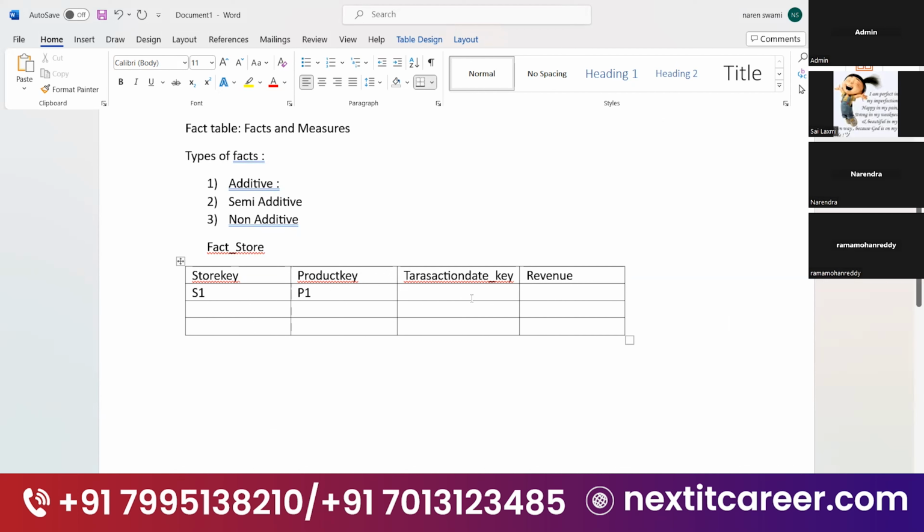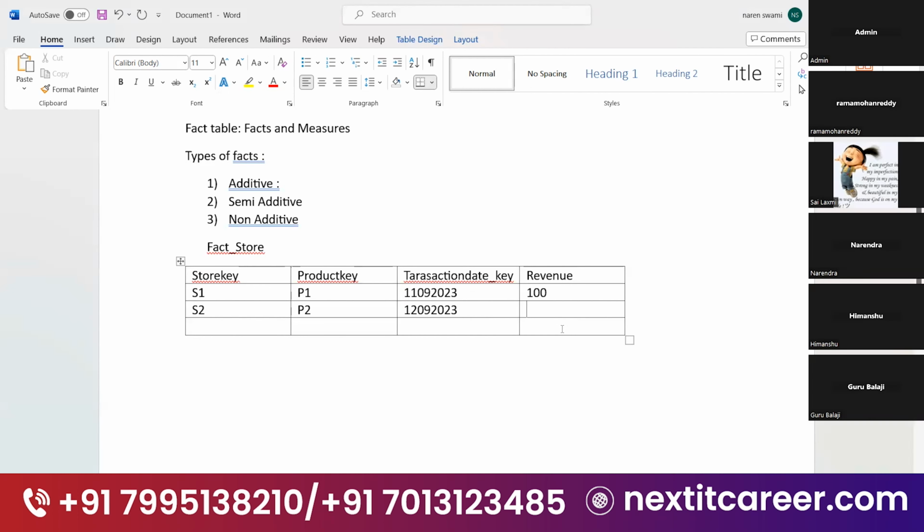The date key will be like today, the 11th, so 11/09/2023. You will have the date in this format. Then 100, and also S2 with another date in 09/2023, and the revenue amount.